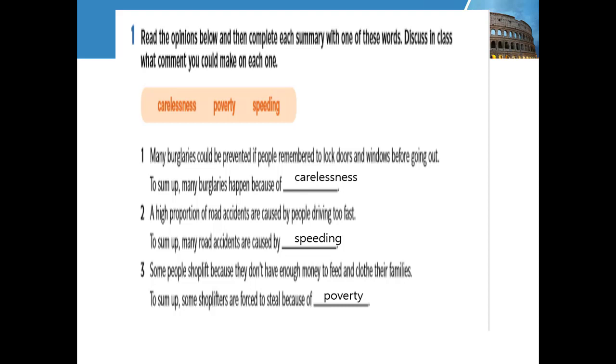So now, let's discuss the 3 stated opinions and try to come up with a comment on each summary. You can always look back at the skill box, which gives you a good example of the kind of comment that you could make. Remember, you are encouraged to think of the future and what might or could happen, and I would love to remind all of you to use modal verbs to do this exercise.